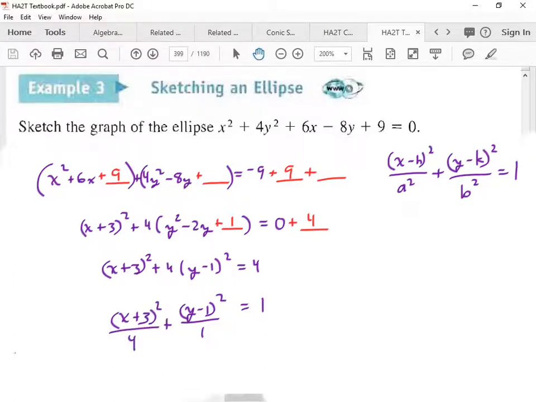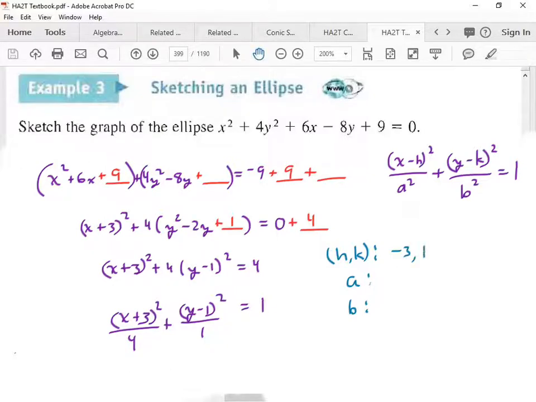And now we can graph it. To graph it, you just gotta be able to identify the h and the k, the a, and the b. If you got the h and k, that's our center. We do the opposite of whatever's happening inside. So our h is going to be negative 3.